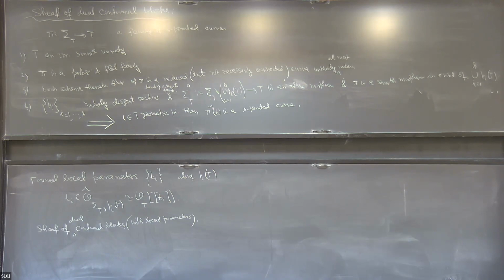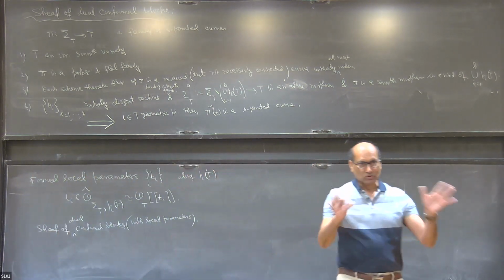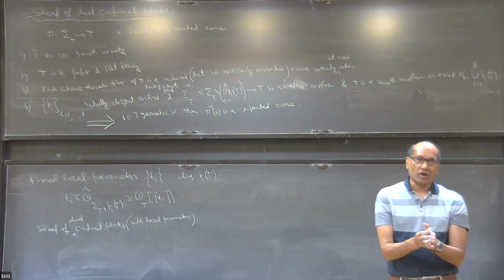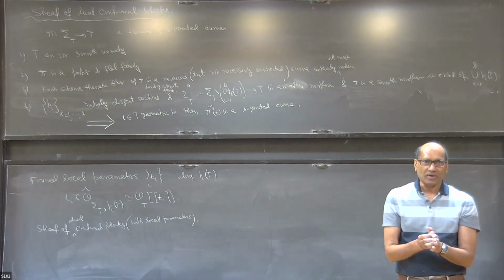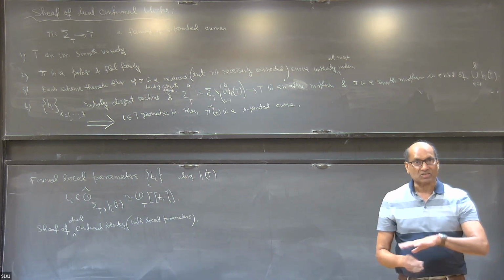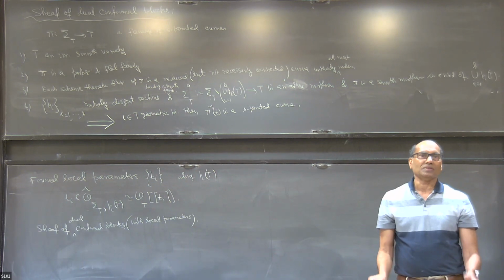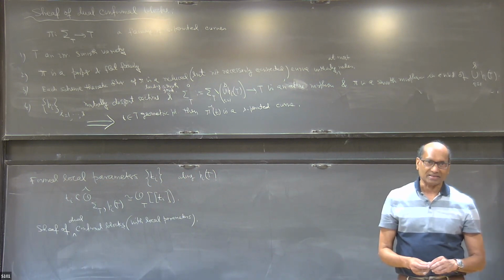It has a connection or a logarithmic connection. It's a connection on the smooth part, which extends to a logarithmic connection on the boundary. So it's an honest projective connection on the smooth part of the moduli space, but it does extend as a logarithmic connection on the boundary.